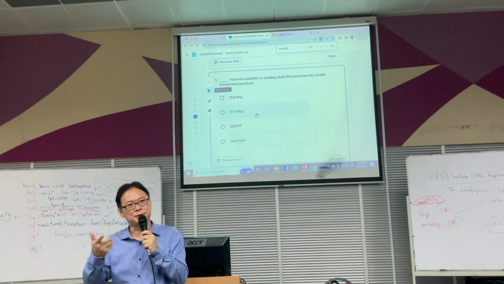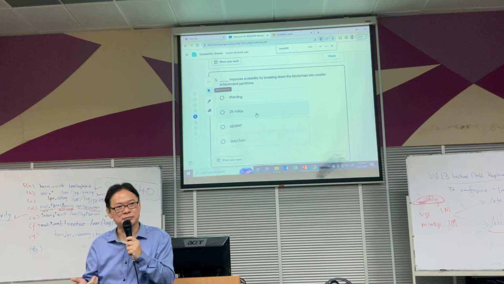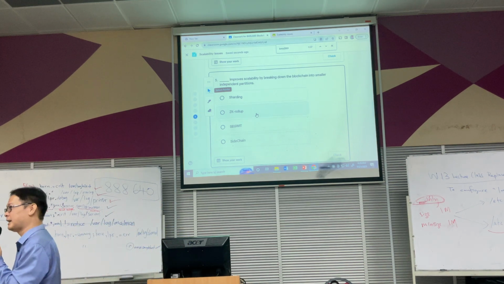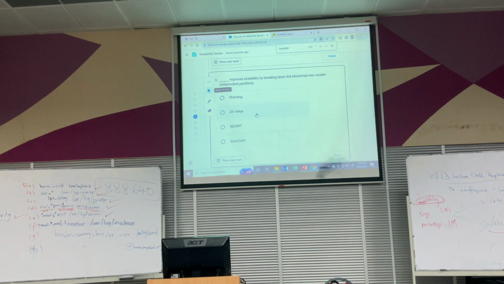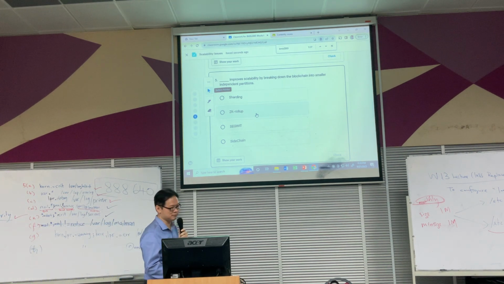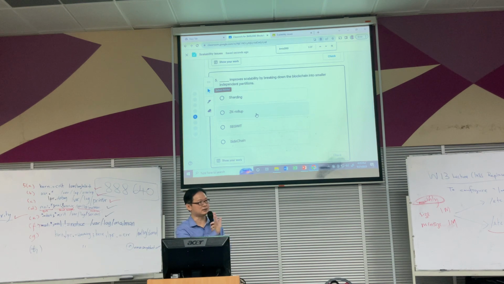Sharding is also used in databases. We do partitioning for databases. The idea has been there for a long time. So we borrow the idea and apply it to blockchain to increase scalability. You partition the whole network into smaller independent partitions so that you only need to handle some designated transactions. You don't need to handle all, right? So the answer for this one is sharding.